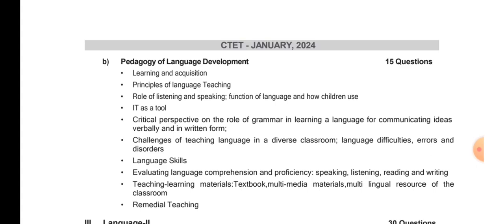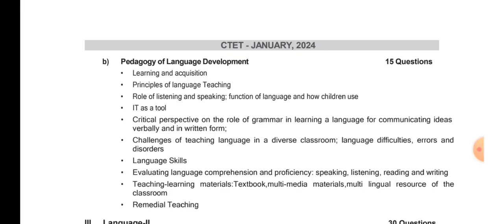So listening skills we acquire first. First comes listening, then speaking, then reading, and at the end comes writing. These are the skills the child has to master.